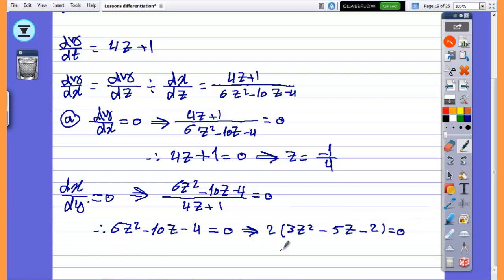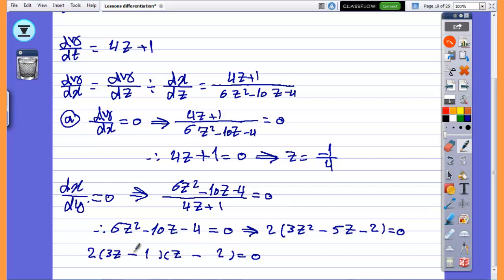Now we will factorize 3z squared minus 5z minus 2. So we have 2 multiplied by the product of these two brackets equals 0. 3z squared equals 3z multiplied by z, and 2 is 1 multiplied by 2.